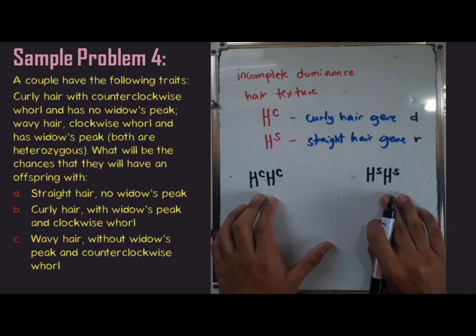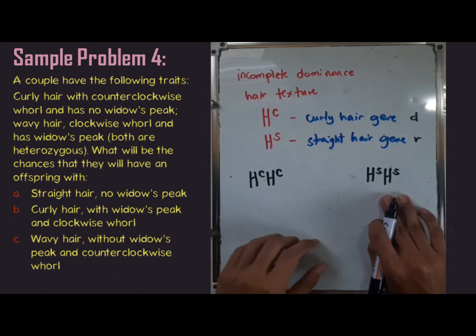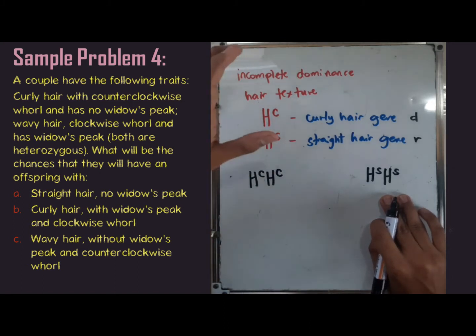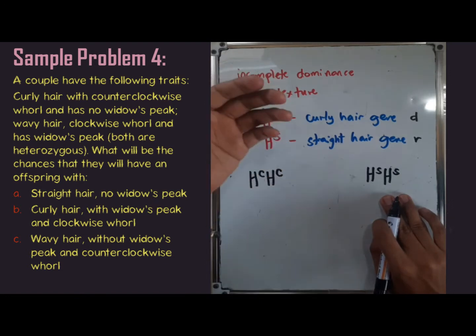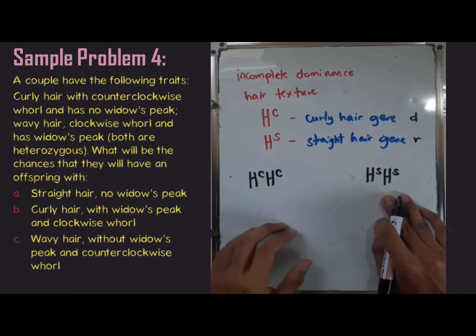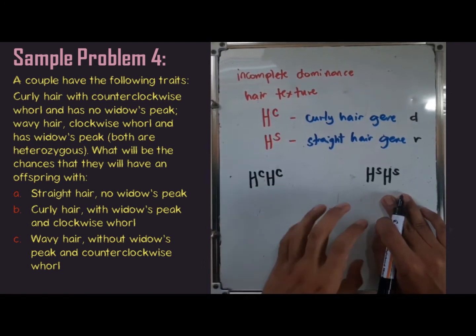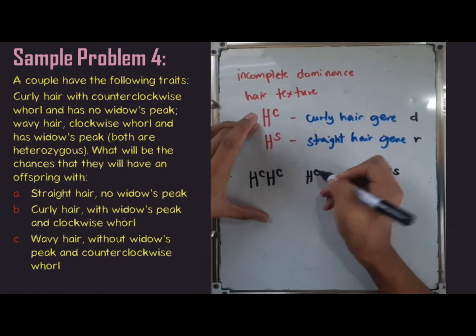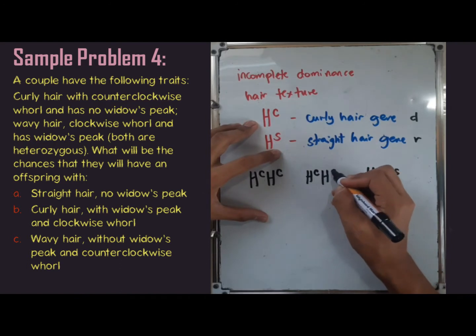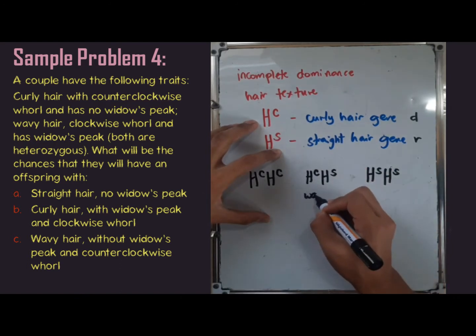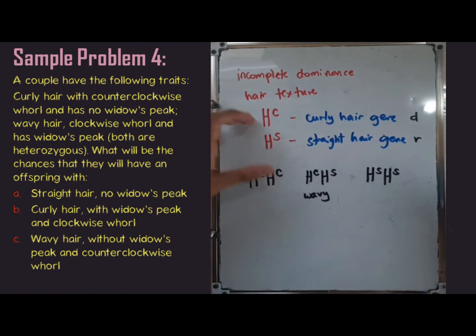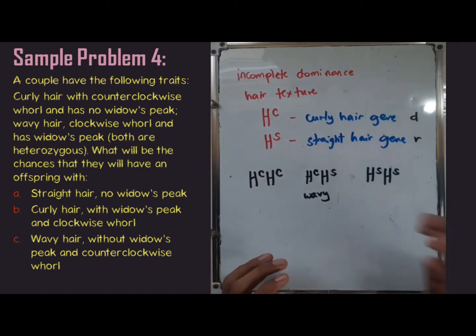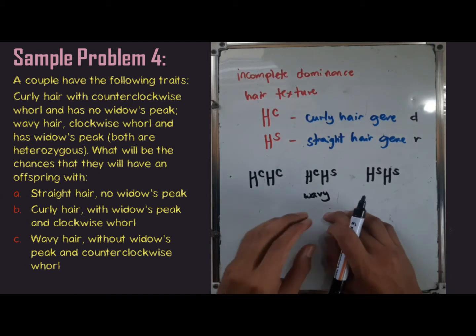In incomplete dominance, there is a mixture of the different traits. The mixture of curly hair and straight hair gives the intermediate hair texture, and that is wavy hair.